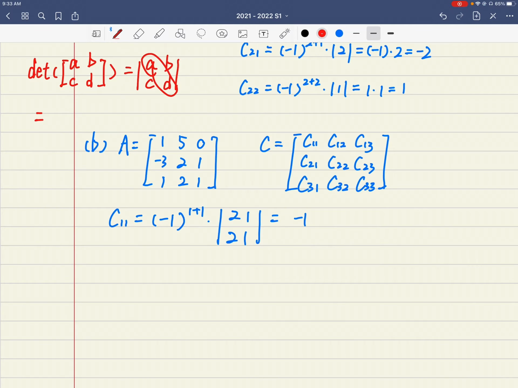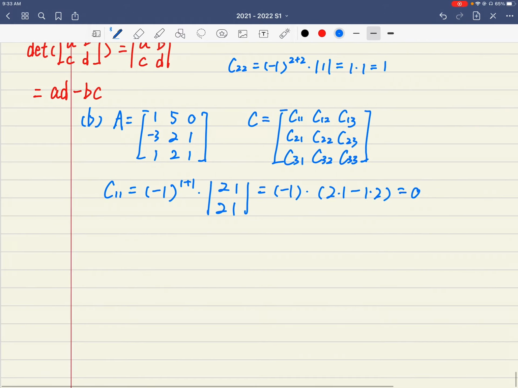It's the diagonal's product, AD, minus the other diagonal's product. So it's AD minus BC. All right, so here it's -1 to the power of 2 times, here AD is 2 times 1 minus BC, it's 1 times 2. So this part is 0, so the product is 0. That's how you get C11.